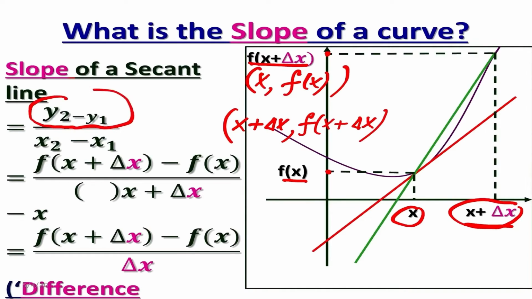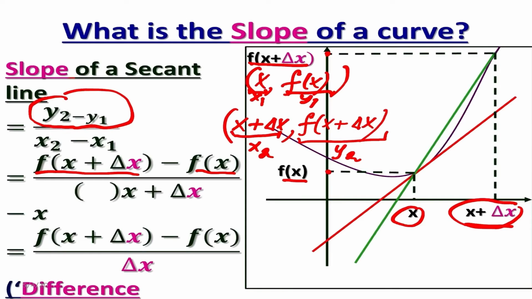Now, first of all, find the difference between y's. So your x is x1, your f of x is y1, so your x plus delta x is x2, and your y2 is f of x plus delta x. Now, instead of y2, we are going to write f of x plus delta x minus y1, which is f of x.